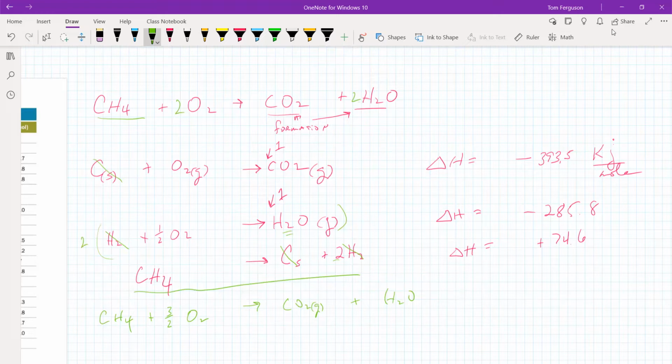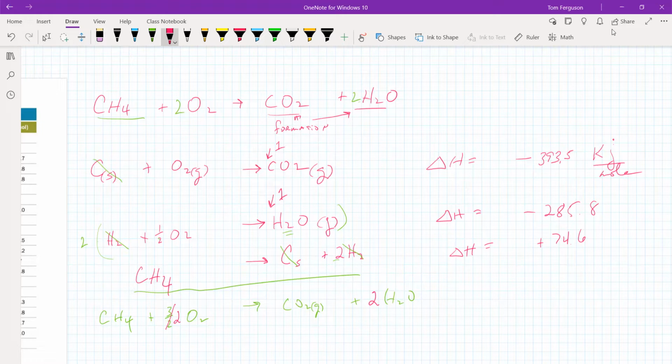Okay, that'll give us 1 water here plus 1 water is 2 water, oxygens. And over here we have 2 times 1 is 2 waters. Okay. What we've done now is algebraically added up our equations or our reactions to equal what we wanted to start with.